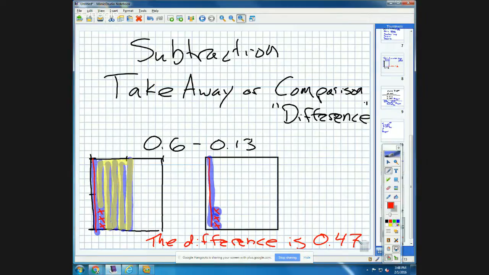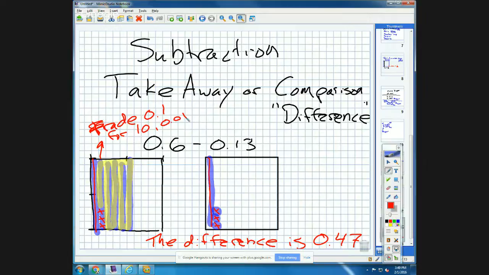Cut up one of the blocks. Yeah, I'd have to do a trade-in, right? I'd have to trade in. There we go. Trade 1/10 for 10 hundredths to make that happen, right? So we'll show kids that, and it's just like borrowing was before.